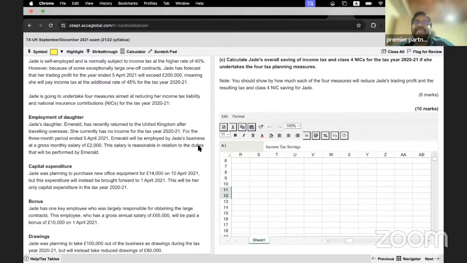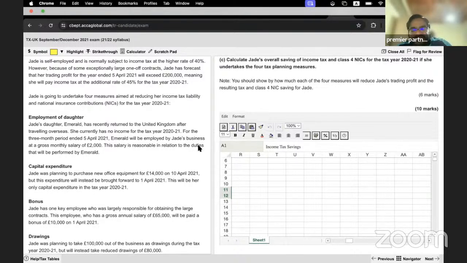Yes, AIA will come into the picture because the question says this is the only capital asset. That means the full 1 million AIA is available. So you can use AIA. So if Jade uses AIA, what will happen?